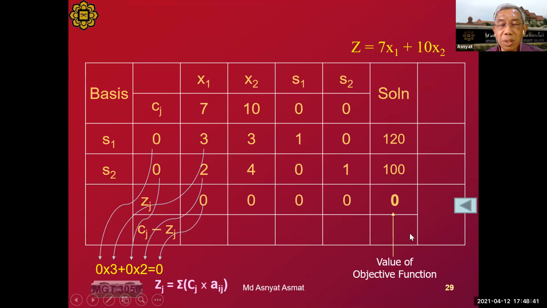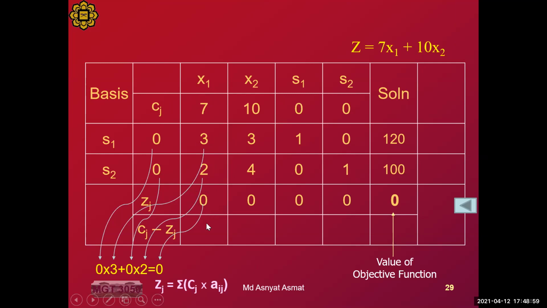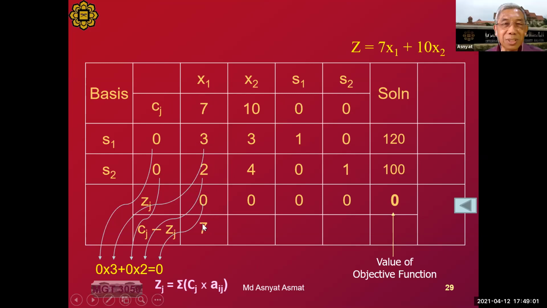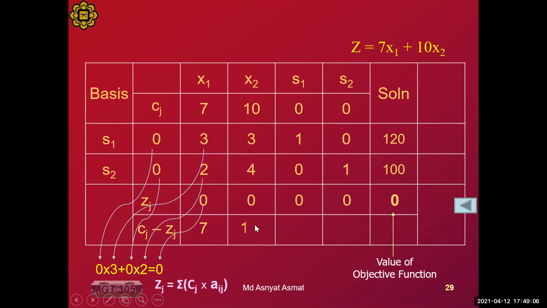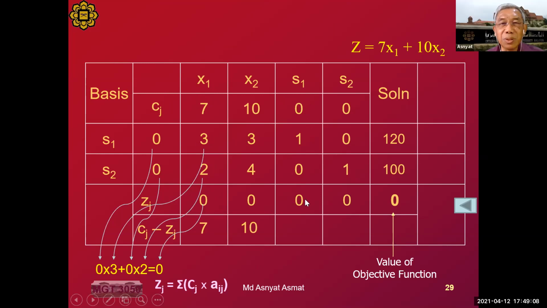We are going to find what we call the net evaluation index. 7 minus 0, we get 7. 10 minus 0, 10. The same thing. Here, 0 minus 0, 0. 0 minus 0, 0.